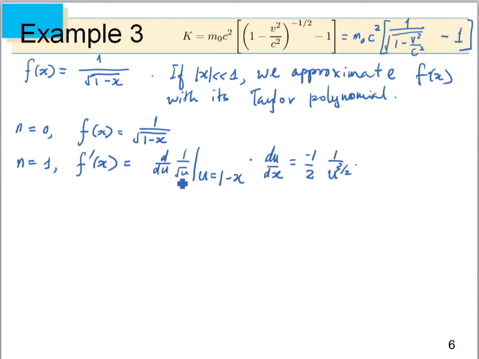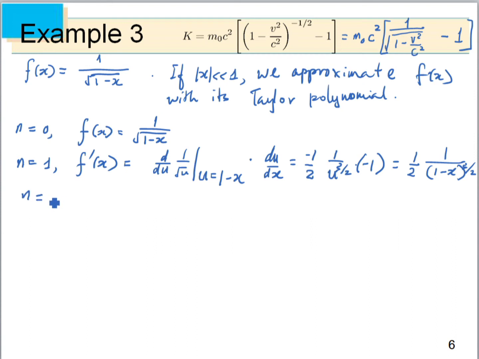So the derivative of 1 over square root of u is minus half times 1 over u to the power of 3 over 2. Then du dx is just minus 1, right? So if I reorganize this, and I put back what u is, okay, 整理一下，再把 u 带回去，这个就是我的 f prime of x.